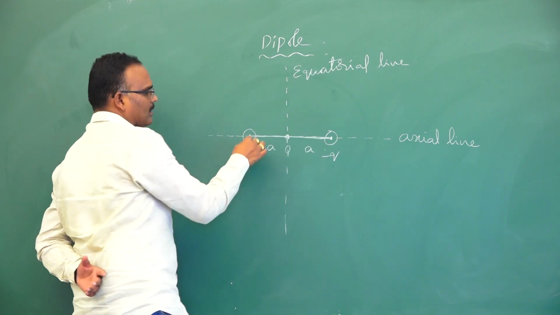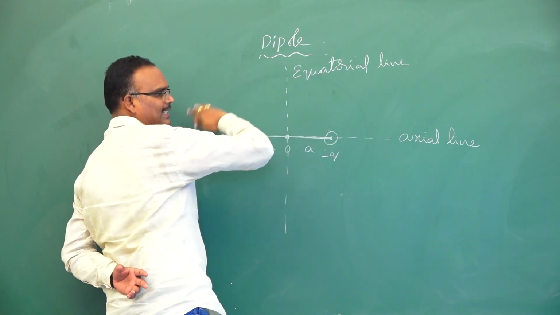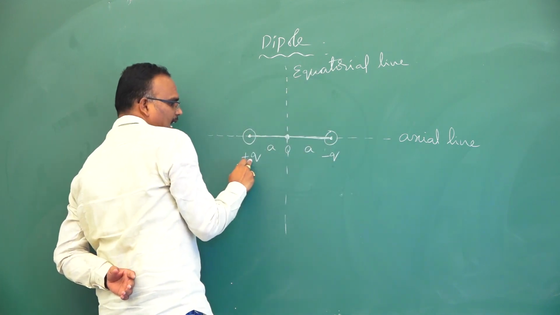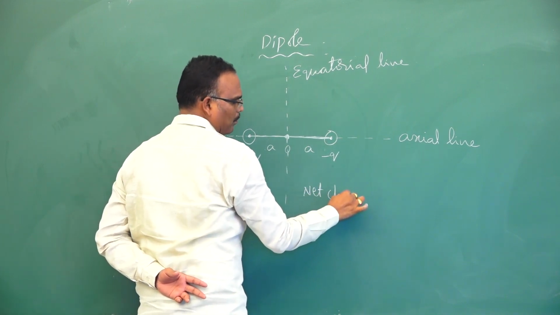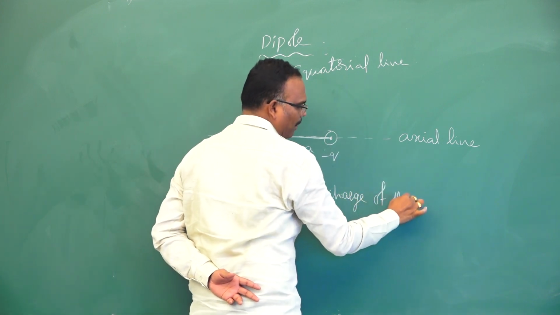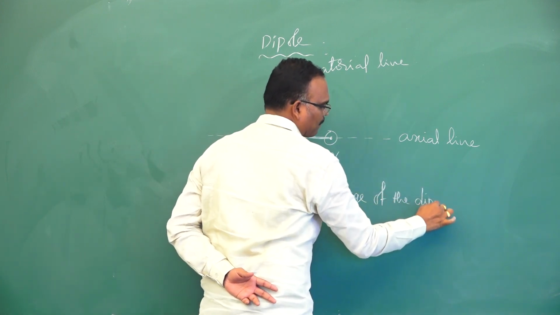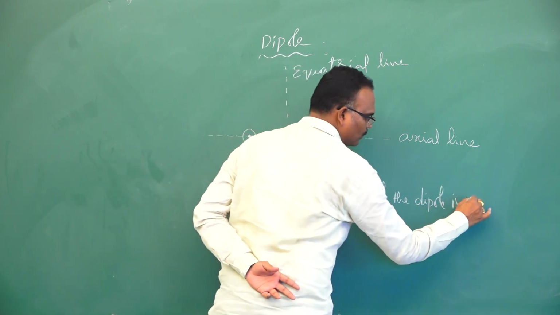Okay. If this is a single system, it can be called a dipole. Then the net charge of the dipole is how much? Zero.